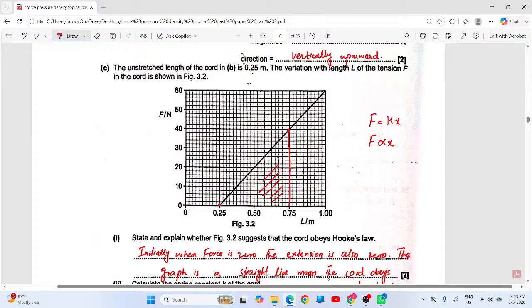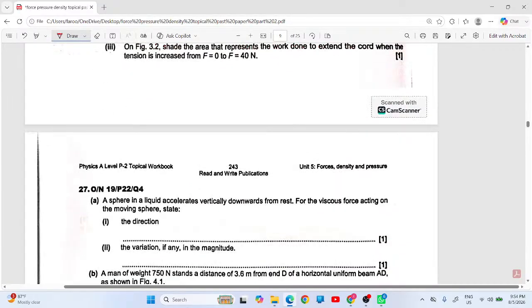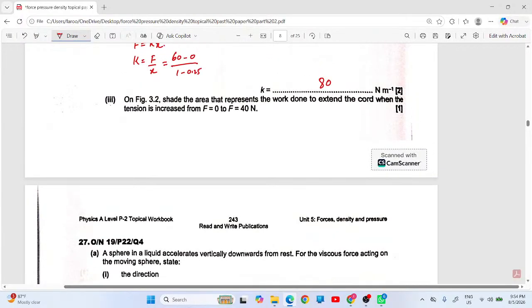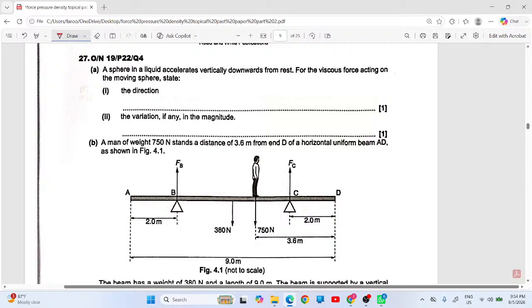This one is the area under the graph. Any confusion? Yes, from 0 to 40, they said to show the area under the graph. Whoever knows what area under the graph to take, that's why you gave the answer. That's enough.